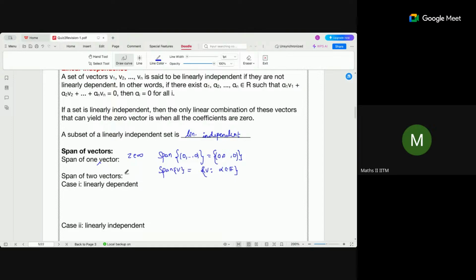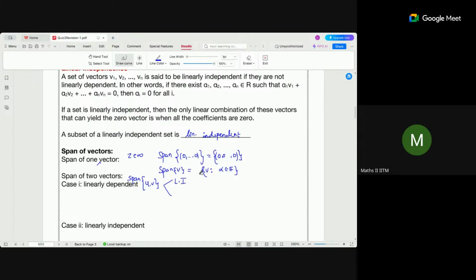you will have all possible linear combinations. So span of u, v: it depends on whether it is linearly dependent or independent.